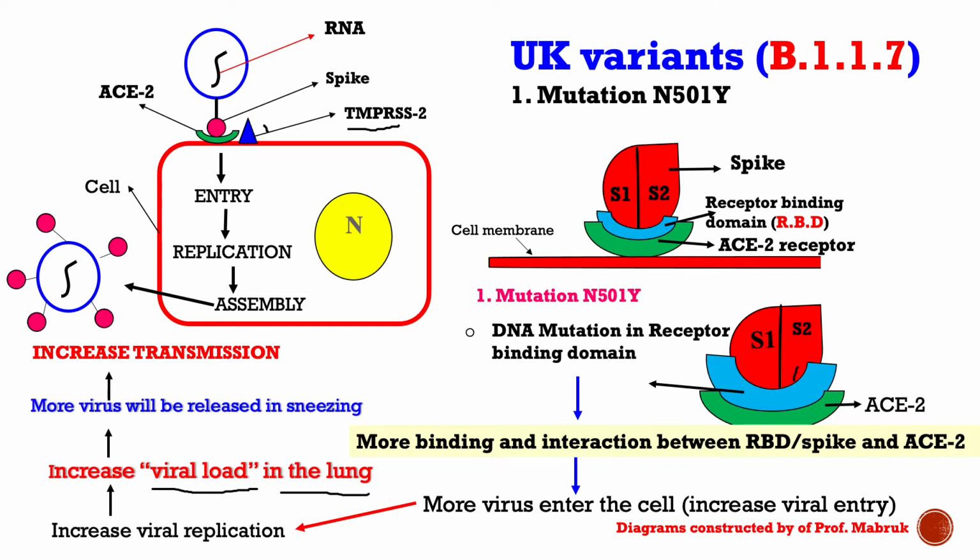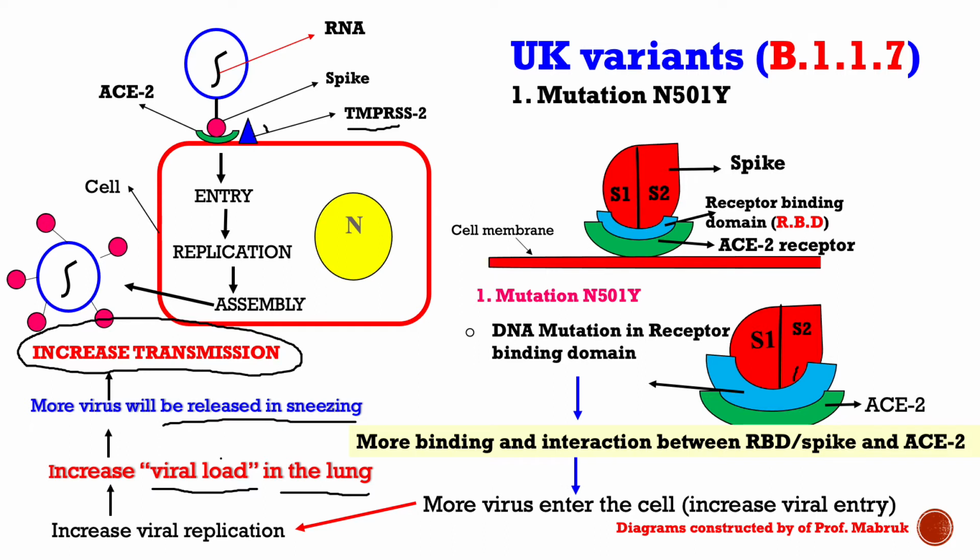Increase of the viral load of coronavirus COVID-19 in the lung means what? It means that more virus will be released during the sneezing process. So more virus in the droplets, so there is more transmission of the coronavirus to other healthy individuals.